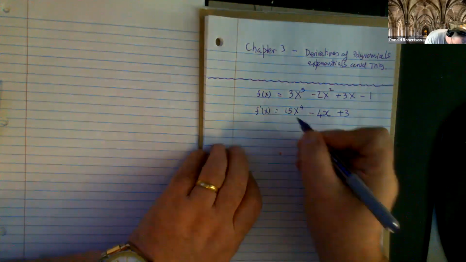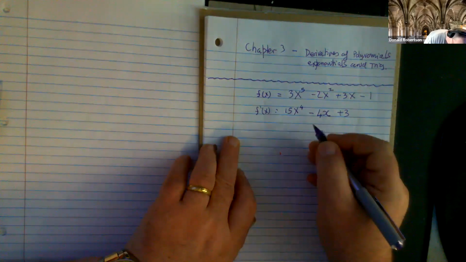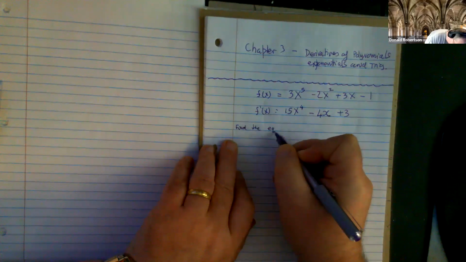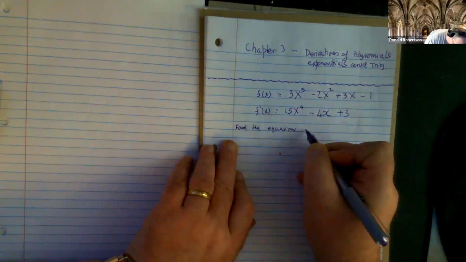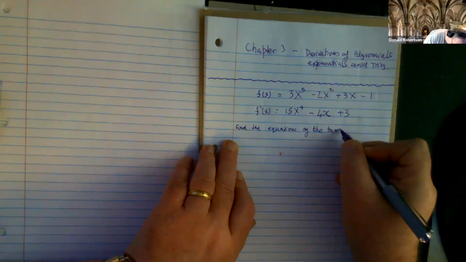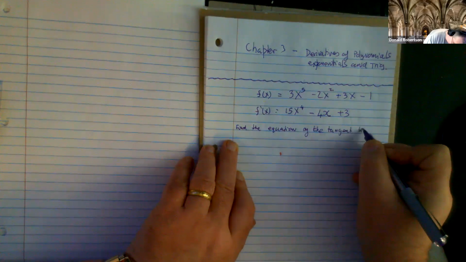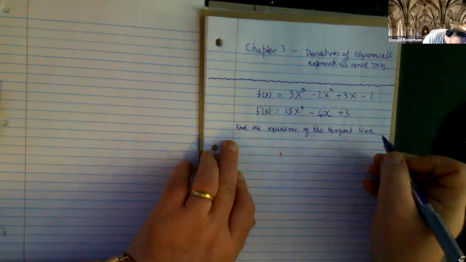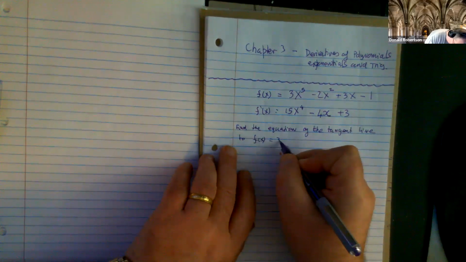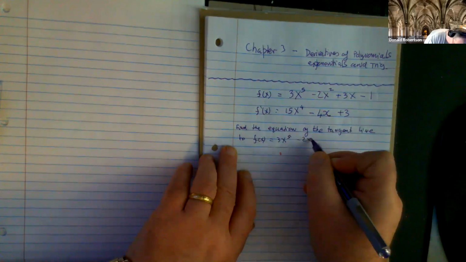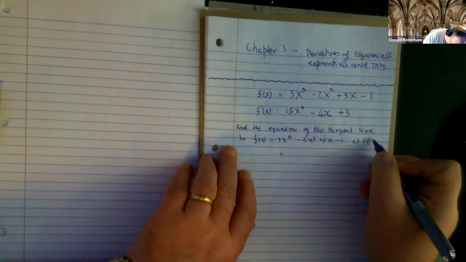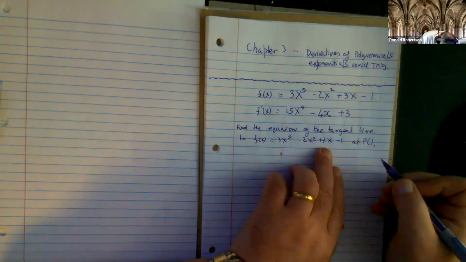So imagine I said that I want you to find the equation of the tangent line to this function at the point P, 1, 3.